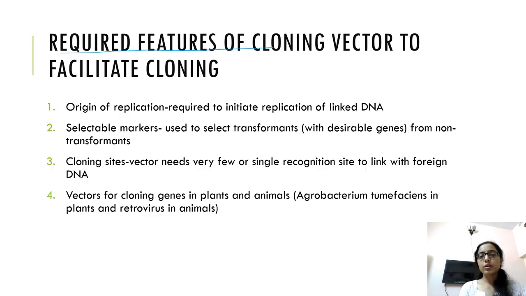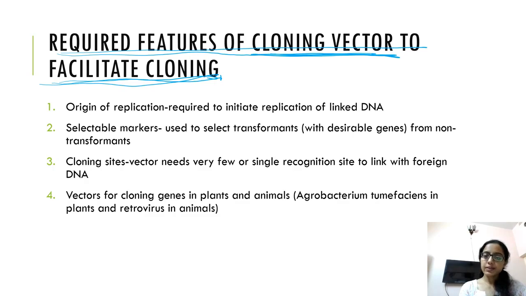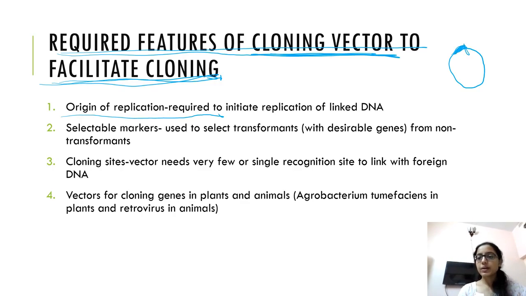Required features of a cloning vector to facilitate cloning. If we want to clone, then what are the required features of the cloning vector? How should the cloning vector be? If it is a bacteriophage or a plasmid, it should have the origin of replication. Origin of replication means it should have a particular sequence of DNA which will help initiate the DNA replication.